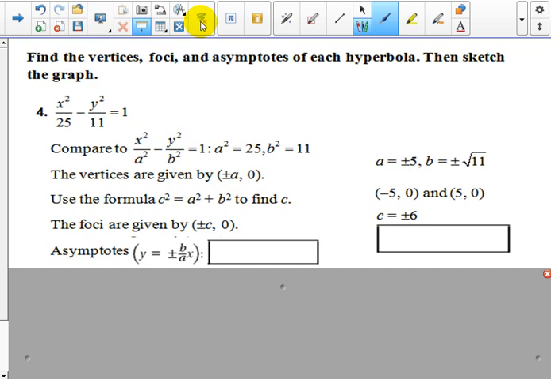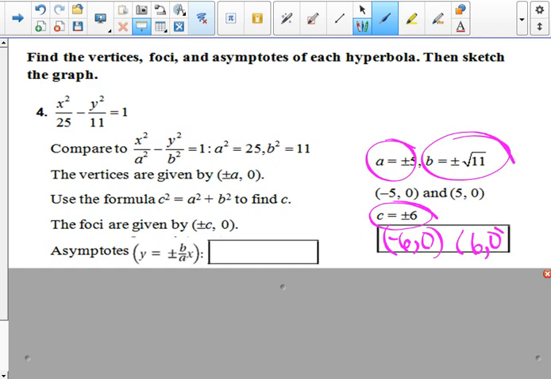So now we've got our A, our B, and we've got our C. Now we need to write the foci in here, so it's going to be 6 and 0 and negative 6 and 0. Alright, so there's your foci. This is our vertices.